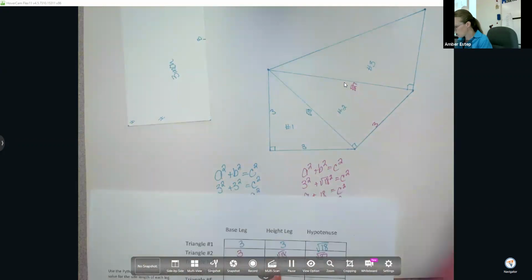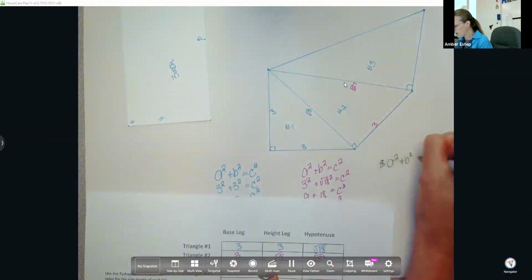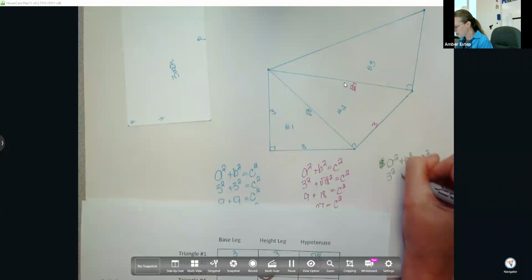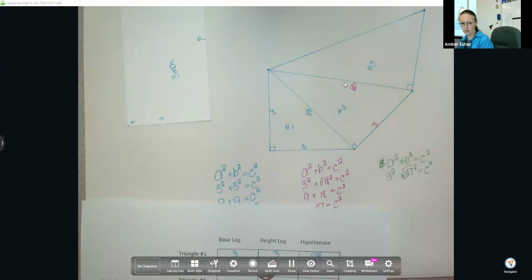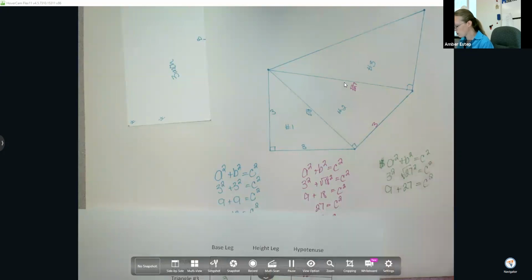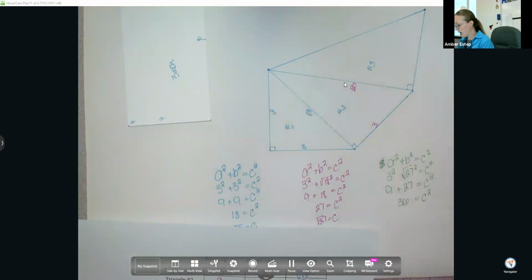All right, so now let's do the Pythagorean theorem. a squared plus b squared equals c squared. 3 squared plus the square root of 27 squared equals c squared. 9 plus 27 equals c squared. 36 equals c squared. 6 equals c.